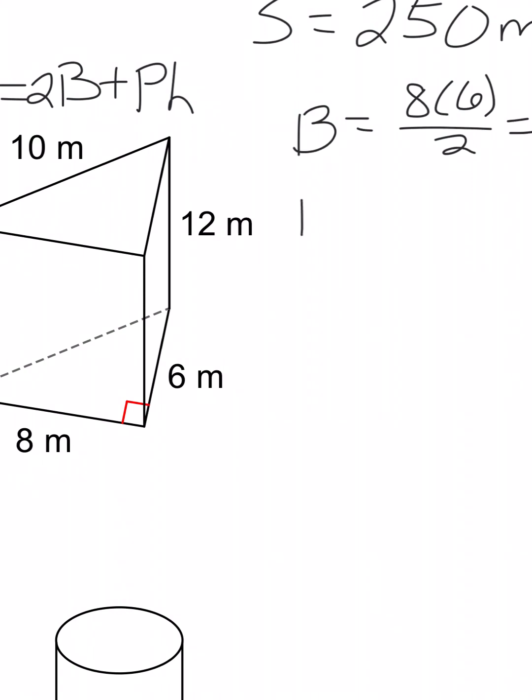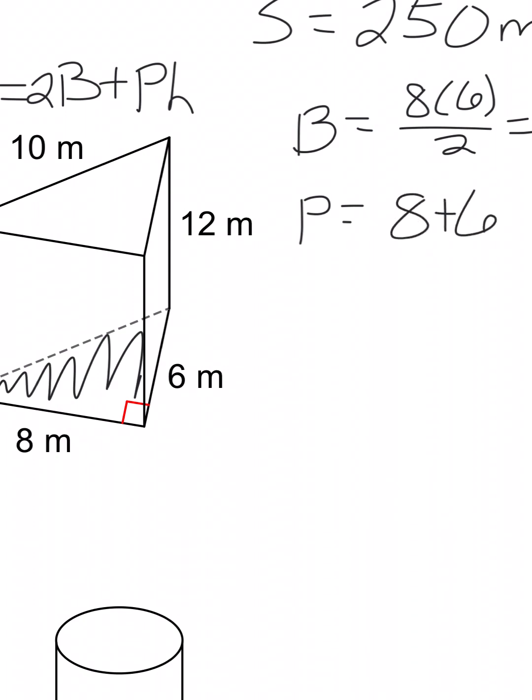Okay, we also need perimeter. How do I find the perimeter of my base? Add up all the sides. 8 plus 6, what's the other one? 10. We get 24. And then what is the height? 12, good.